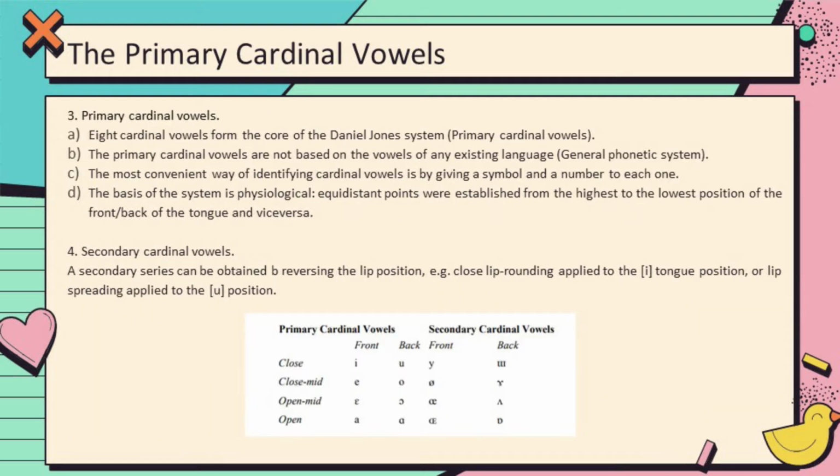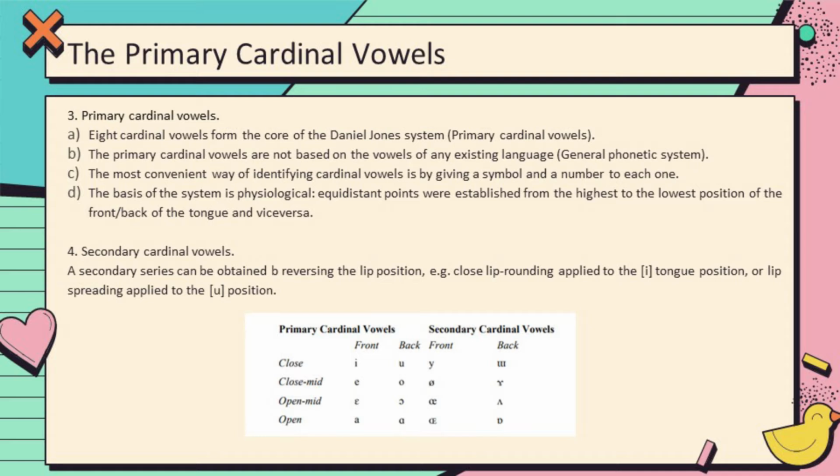Third, primary cardinal vowels. The cardinal vowels form the core of the Daniel Jones system. The primary cardinal vowels are not based on the vowels of any existing language. The most convenient way of identifying a cardinal vowel is by giving a symbol and a number to each one.